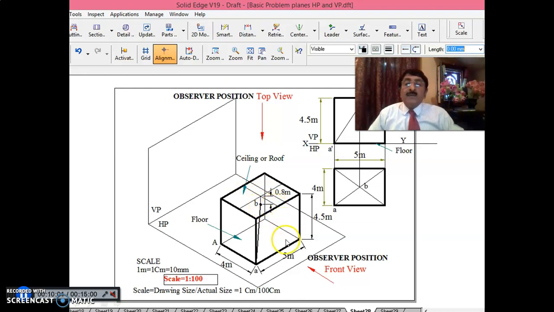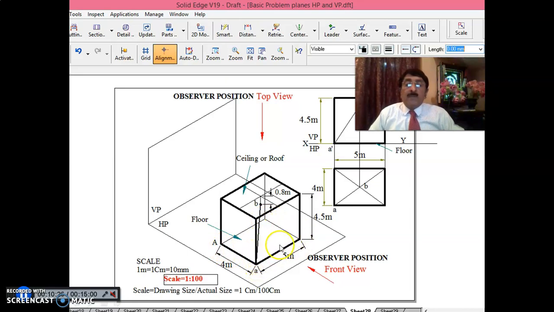And they have asked you to find the true length between this fan motor and any one of the ground corners of the room. You see here, these are all top corners of the room, correct? Ground corners means this can be a ground corner, this can be a ground corner, this can be a ground corner, this can be a ground corner.